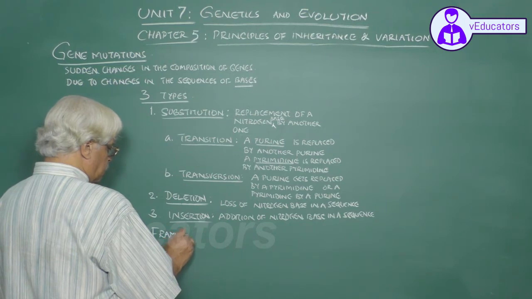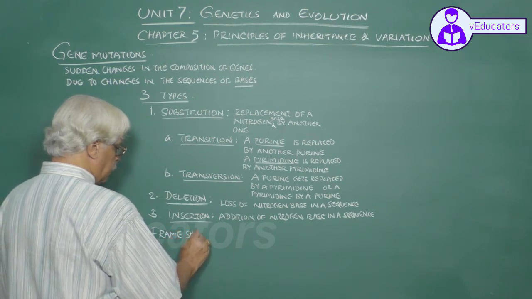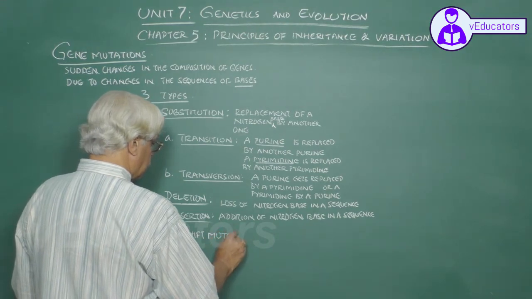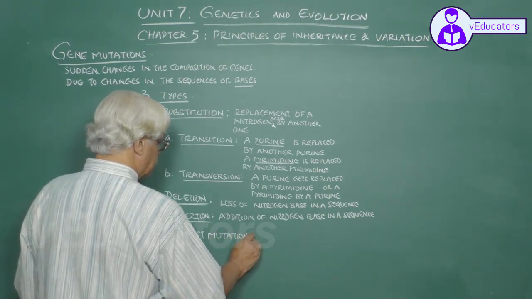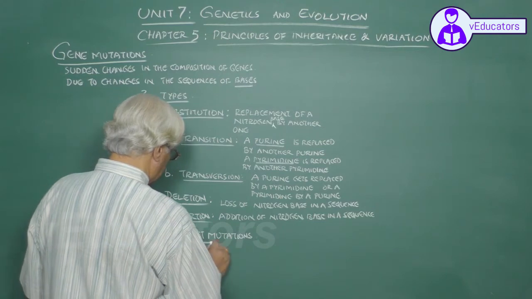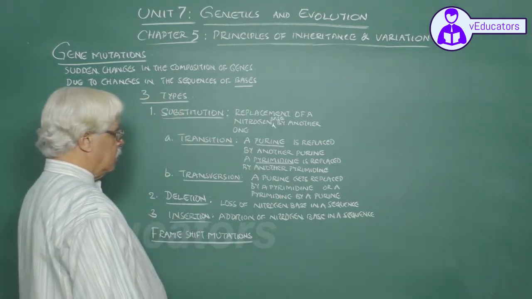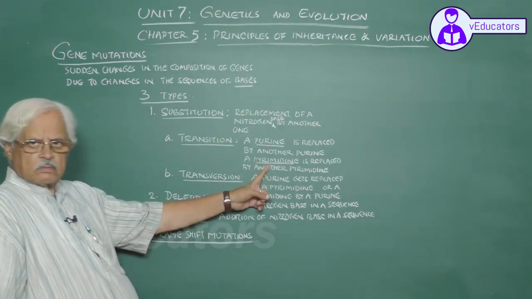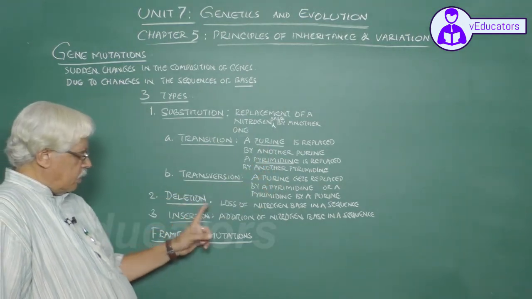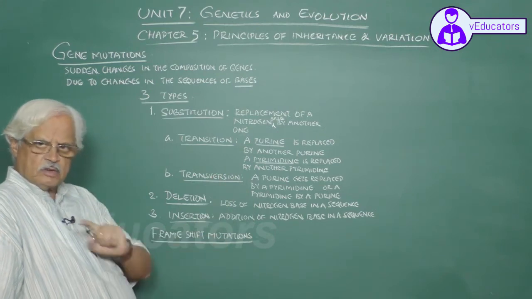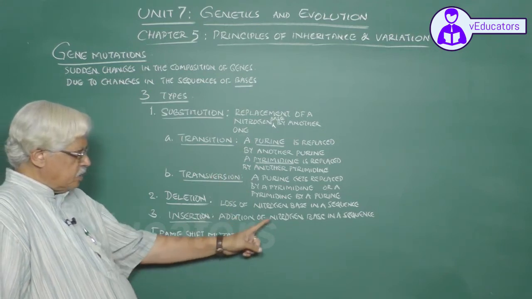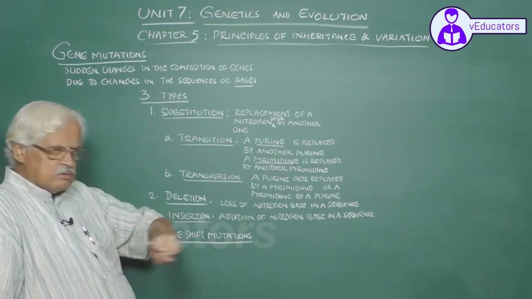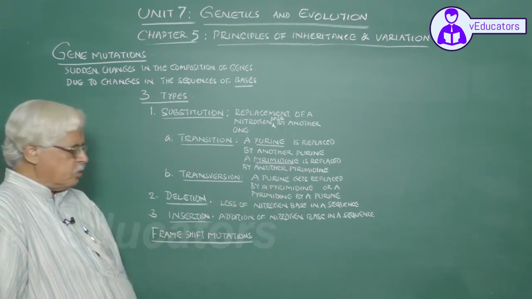In gene mutations, we talk about frameshift mutations. Replacement of one nitrogen base by another, loss of one nitrogen base in the sequence, or addition of one nitrogen base in the sequence alters the sequence of nitrogen bases in the code.